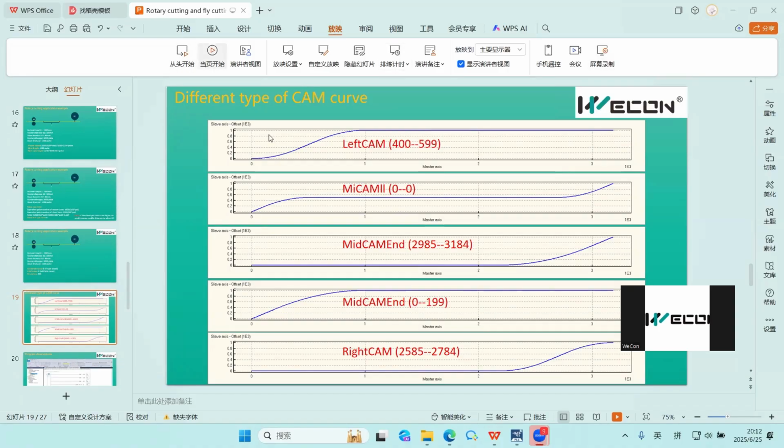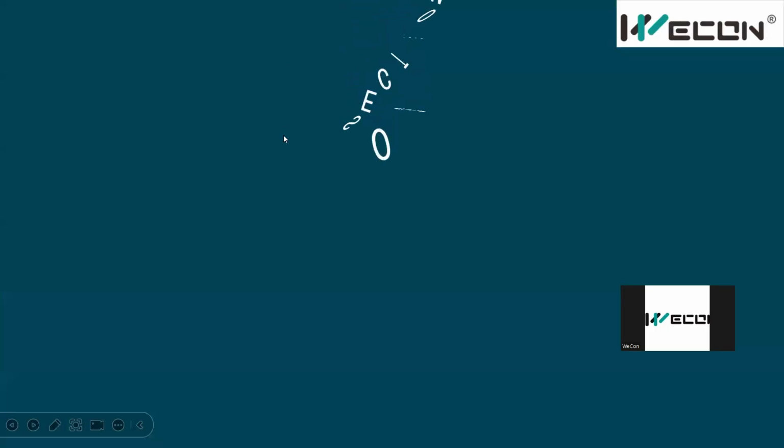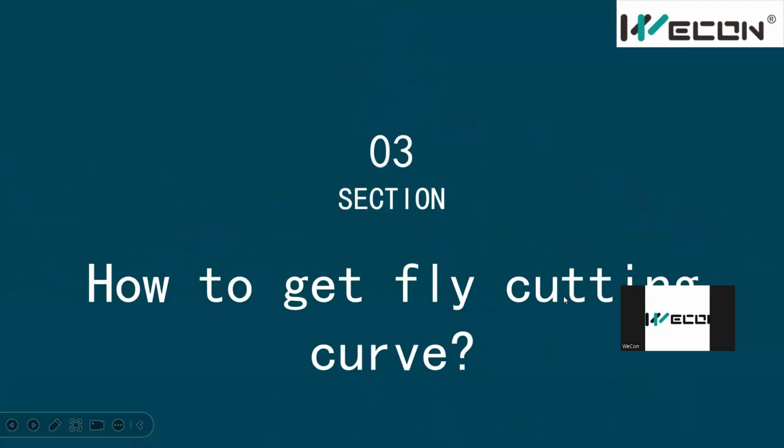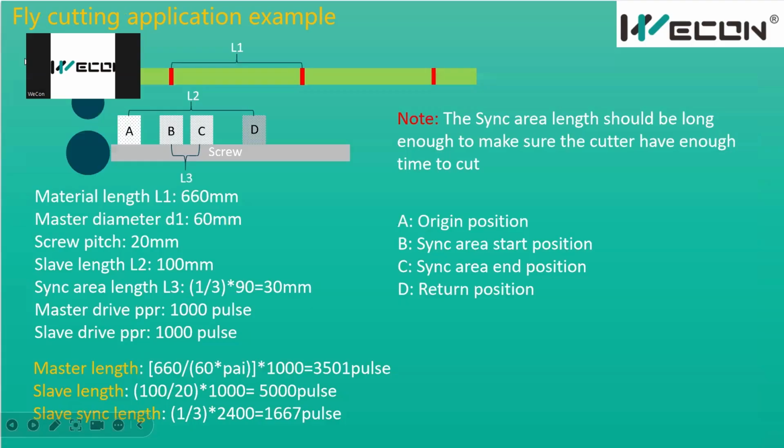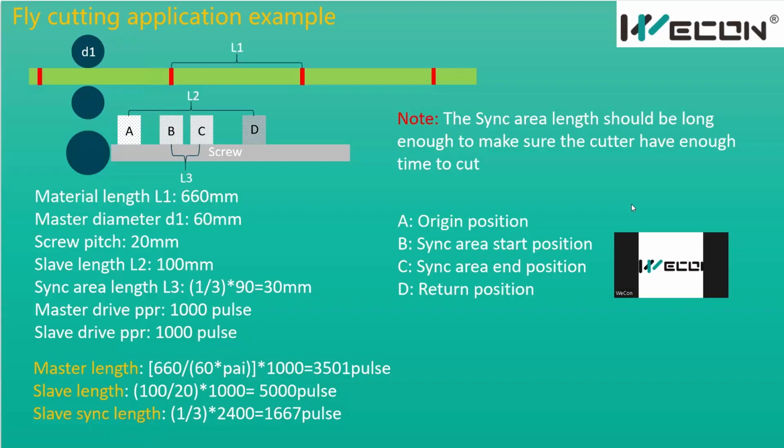Okay, I think I can continue to introduce fly cutting, fly cutting curve. For fly cutting curve, in fact, the steps about how to get the fly cutting is very similar to Rotary cutting.